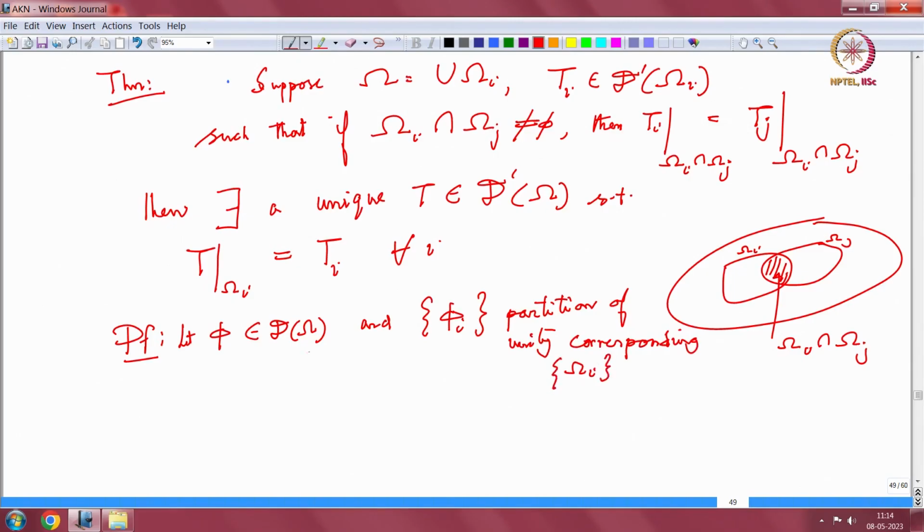Then you define T of phi as the summation over j of T j of phi phi j. If you want uniform notation, let me use phi j with omega j.